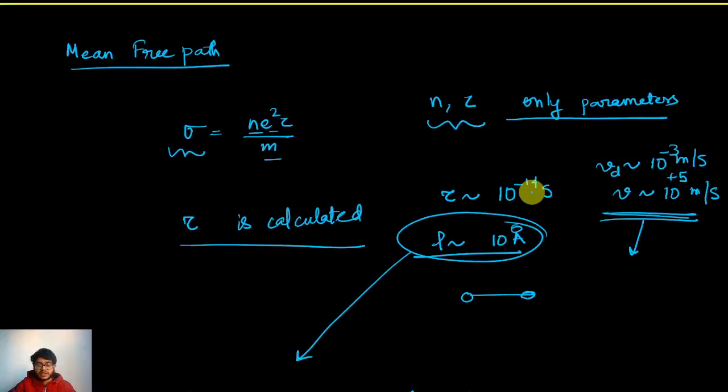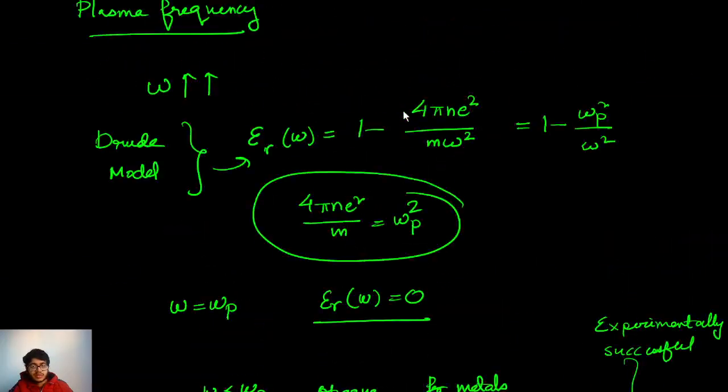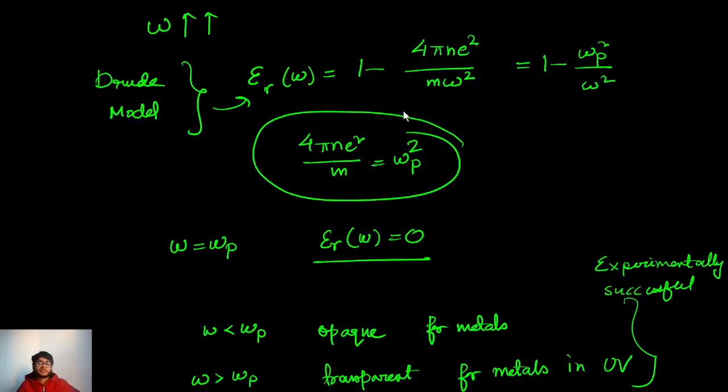Also, the velocity is a very, very gross underestimate, so we hypothesize that the actual velocity should be way higher to make the mean free path way higher. Also, the plasma frequency explains that certain metals are opaque and transparent in certain regimes, but it does not explain the color of the metals.